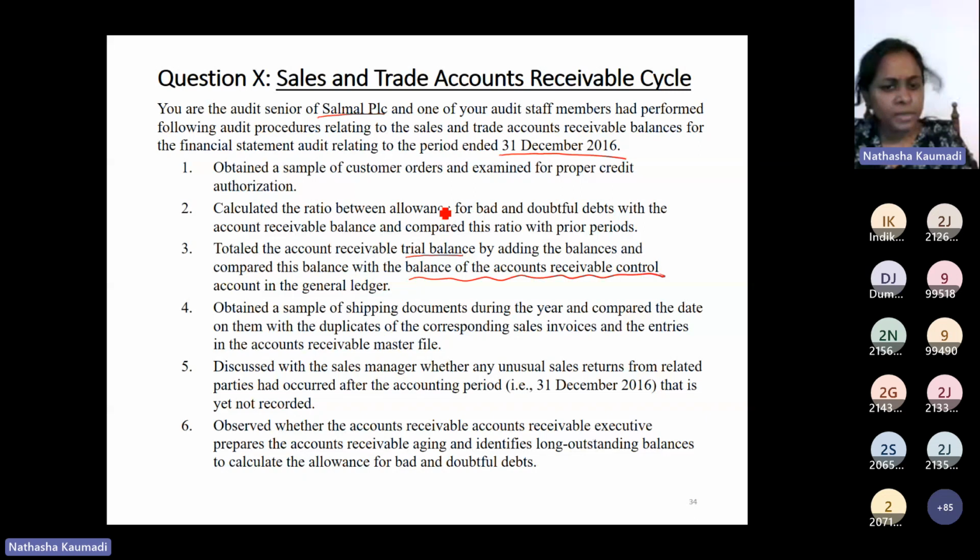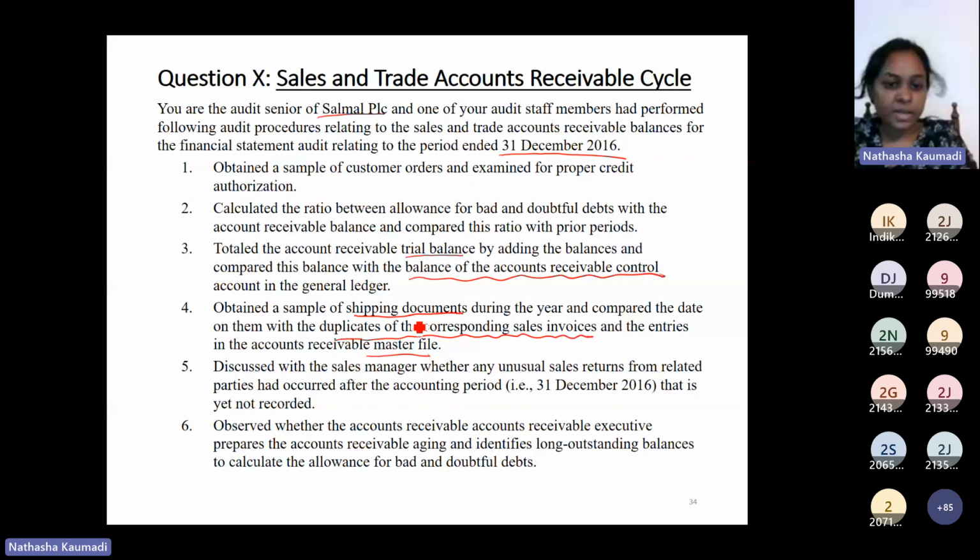And then obtain a sample of shipping documents during the year and compare the date on them with duplicates of the corresponding sales invoices. That audit staff member has taken the shipping documents, and then you are comparing them with the sales invoices and the entries in the accounts receivables master file. Okay.